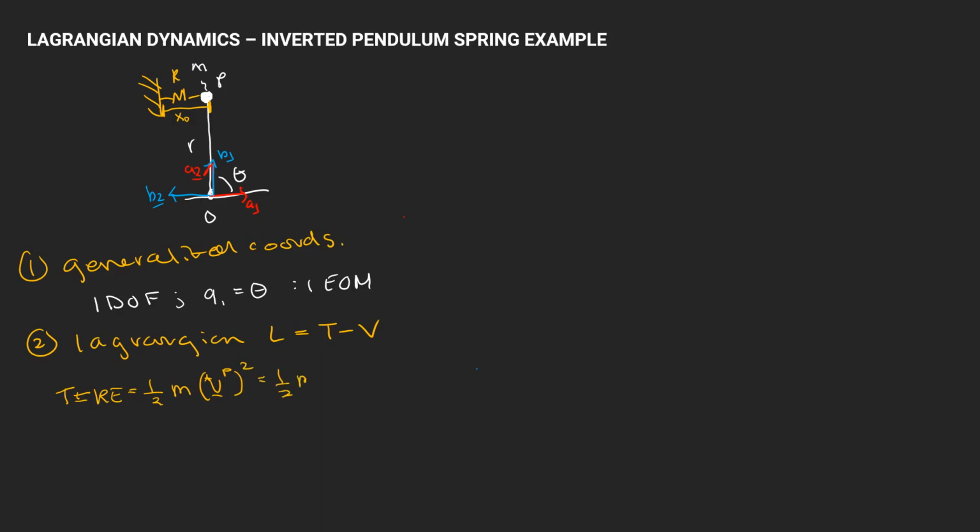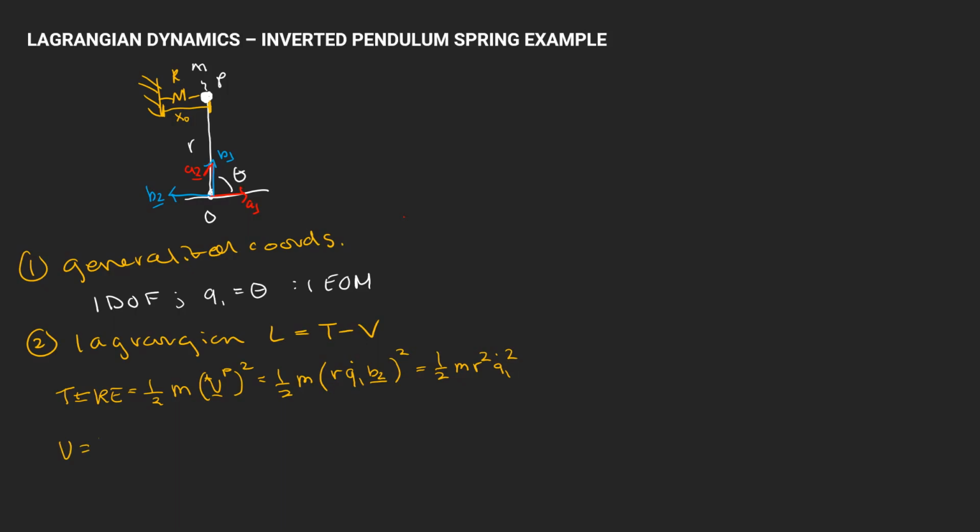So that gives us 1/2 m, and this is our q1 dot in the B2 direction squared, which then simplifies down to 1/2 m r squared q1 dot squared.